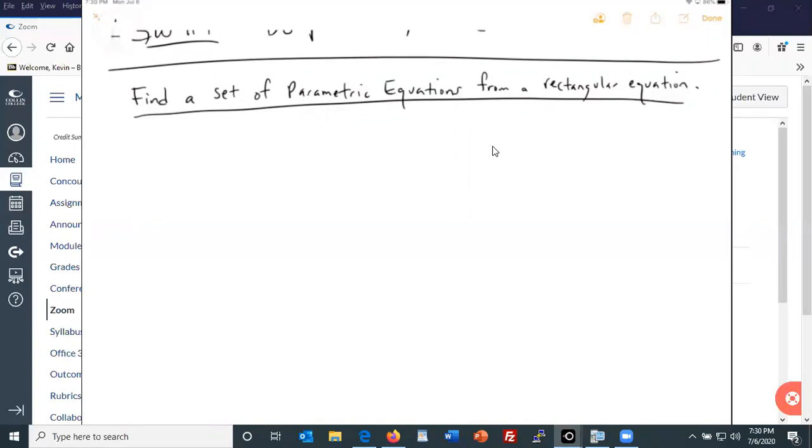Okay, so let's write down a little bit of information here about how you would do this. If a curve is defined by y equals f of x, well, that's rectangular.